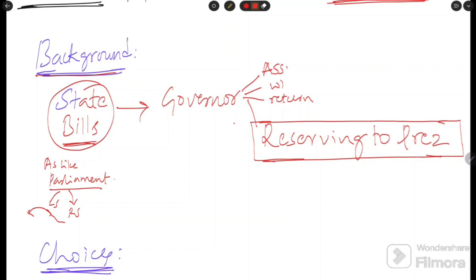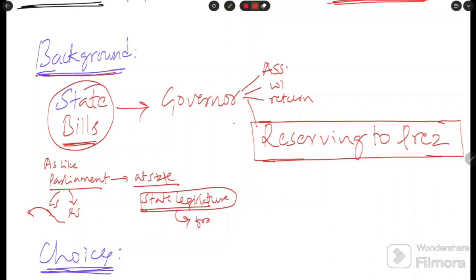Like the parliament, at the state level the state legislature is there. What the parliament does, the state legislature also does. The state legislature frames the laws and bills over state subjects and concurrent subjects.